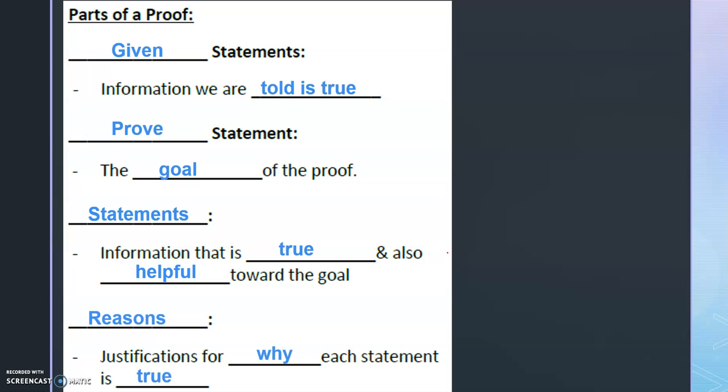Then we have reasons. The reasons is what you write underneath the statements that you make to explain why those statements are true. So we might say something like MP is congruent to MP. That's my statement. And the reason, reflexive, is my justification.